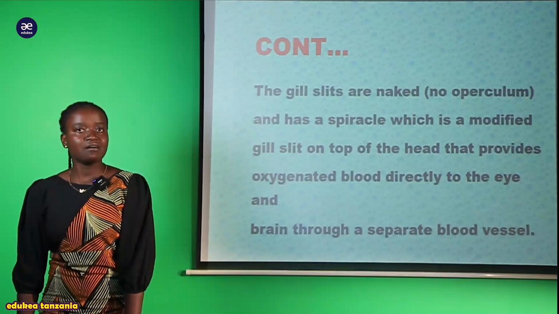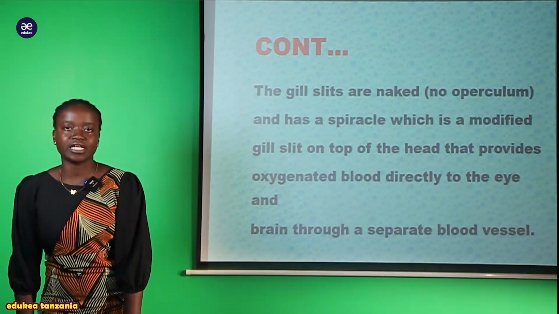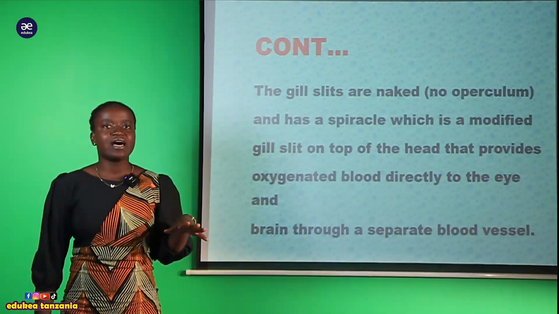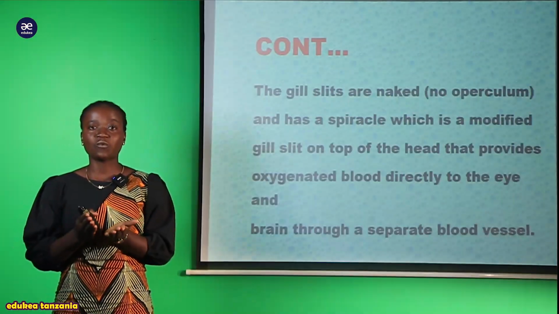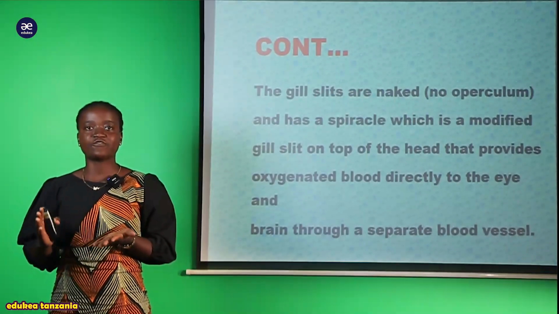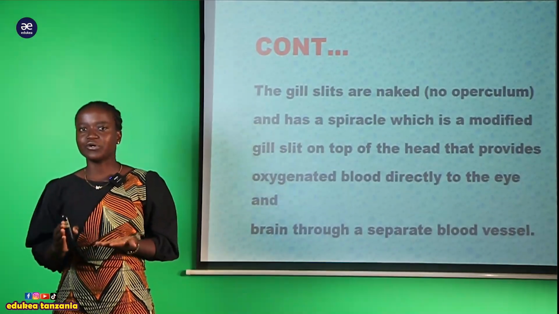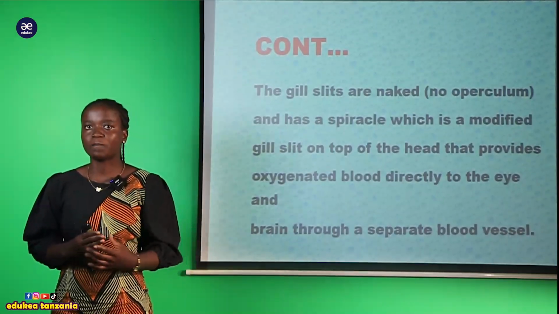Kwa maana kwamba hao organism tulishaona kwenye hile diagram ambapo tumesema they have a gill slit. Ile gill slit inakuwa naked, kwa maana kwamba haijafunikwa na cover yoyote, kwa maana kwamba there is no operculum.